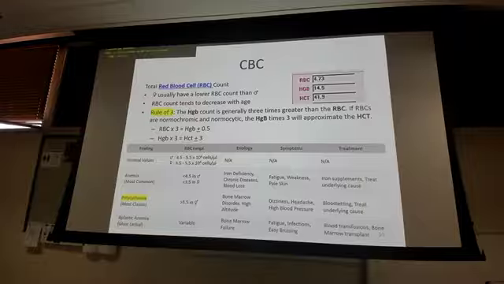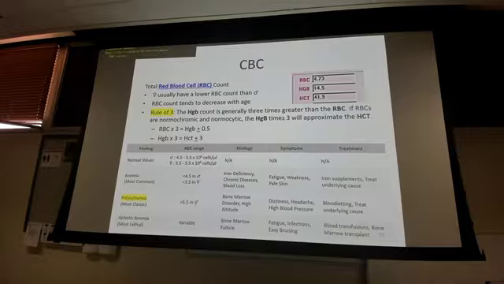Okay. So you will get a question saying you got a patient that came in, you can only do a hemoglobin, the hemoglobin was this amount, what is the RBC and the hematocrit count, okay? So RBC times 3 equals the hemoglobin plus or minus 0.5. The hemoglobin times 3 equals the hematocrit plus or minus 3, okay?